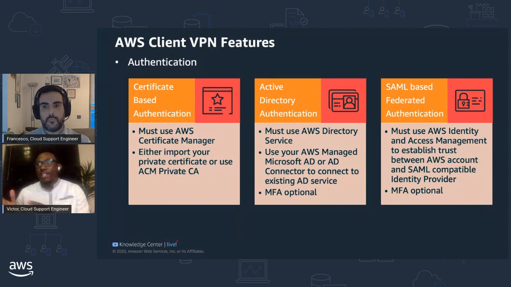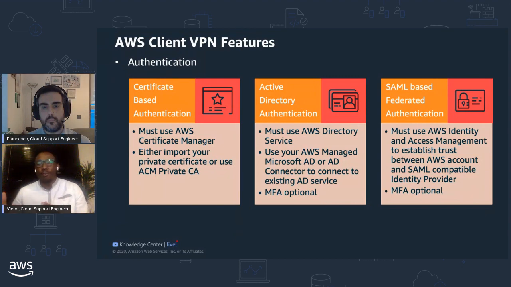And the final authentication method is SAML-based federated authentication, right? With this, you can have an identity provider, for example, Okta. You can have an identity provider that would have your identity stores or would probably integrate with the Active Directory or any other SAML compatible identity store, right?